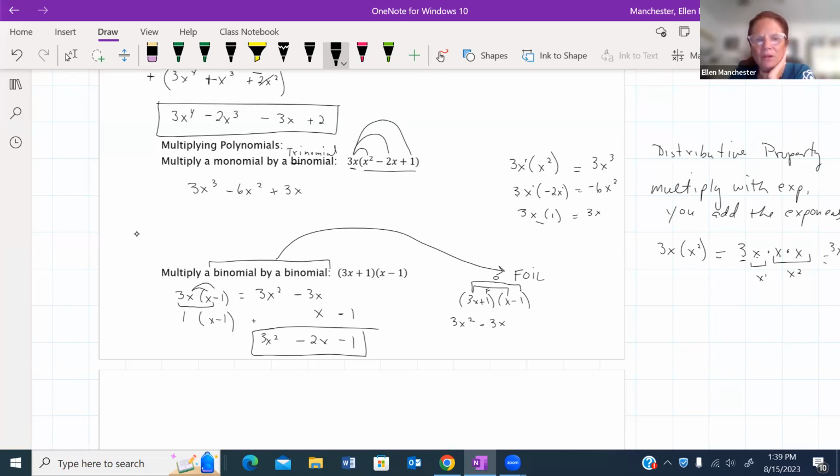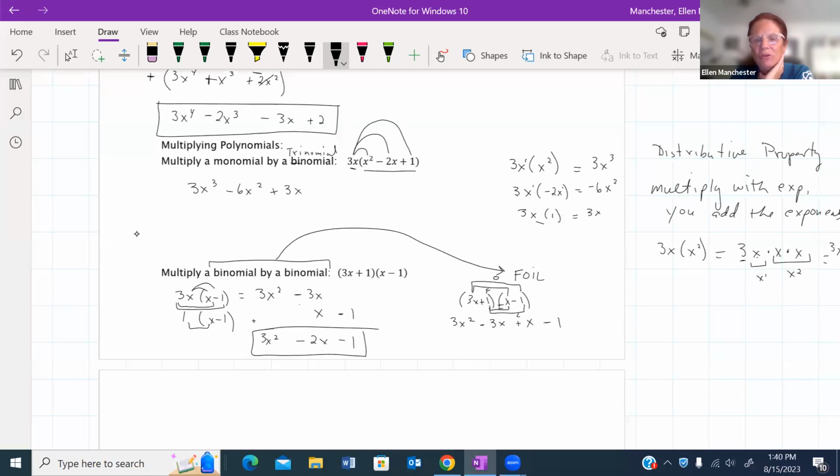There's your -3x. That's this one right here. Okay. And then inside is 1 times x is x, which is right here. And then last is 1 times -1, which is -1. Okay, so there's your last, there's your inside.